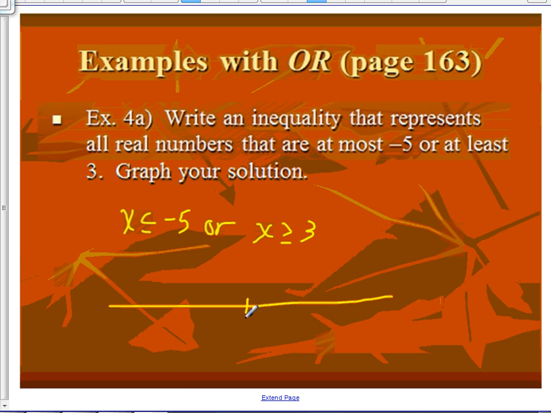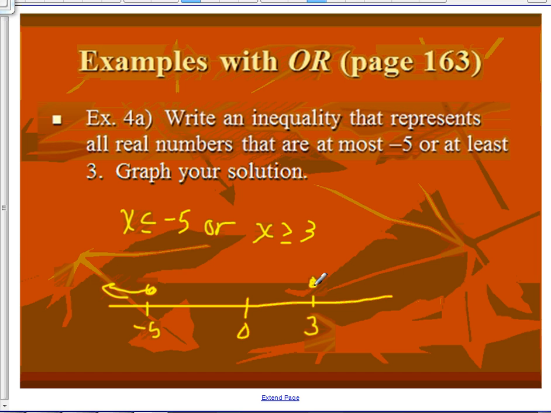Okay? So then when I am going to draw it, I have my number line. I'm going to have 0 about here. Let's say 3 is about here, and -5 is about here. I know both of these are closed circles. My x is less than or equal to -5 means my arrow is going to go to the left.